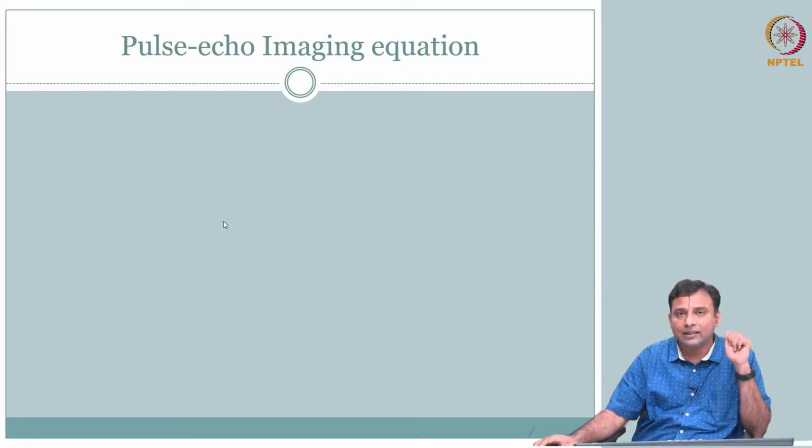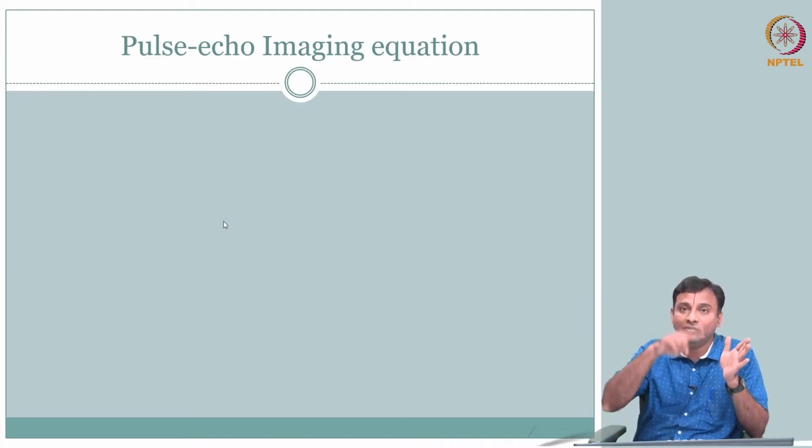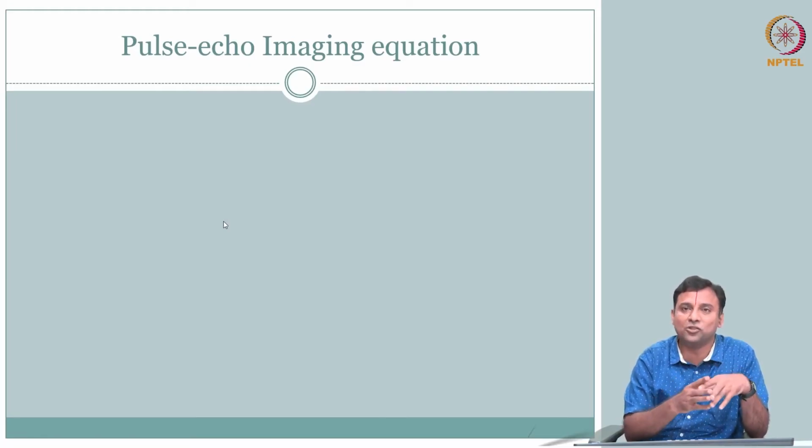Where do we start? We will start with exactly where we left off writing. So we generated a pulse, so we know how to write a narrow band pulse equation. That is what we started with, envelope signal with high frequency, the resonant frequency, center frequency. So that is where we started our imaging equation last time in the physics part of it, just after the transducer.